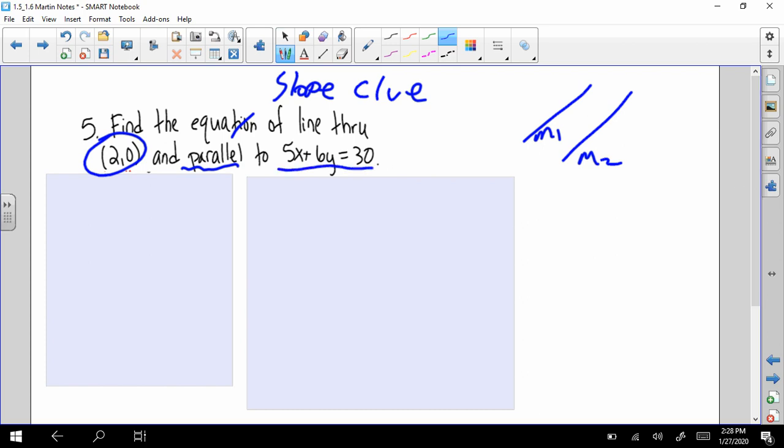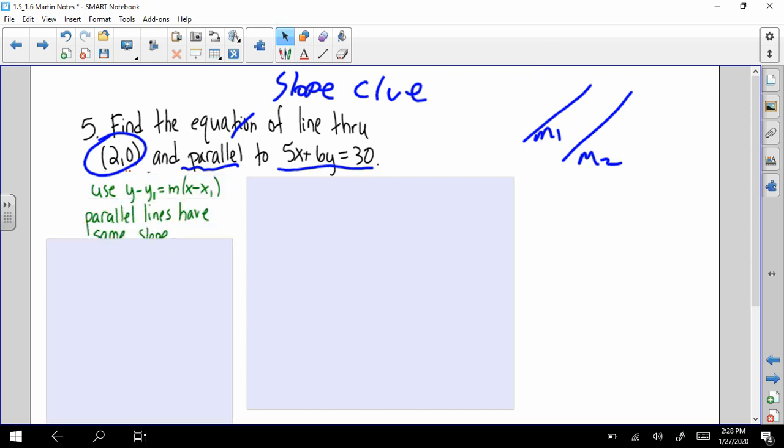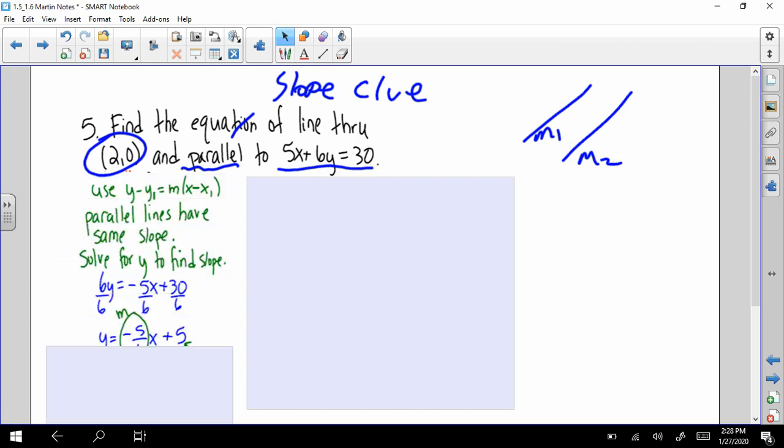I'm going to take that equation and figure out what its slope actually is. When I get done rearranging that equation, knowing that parallel lines have the same slope, I will steal this slope.